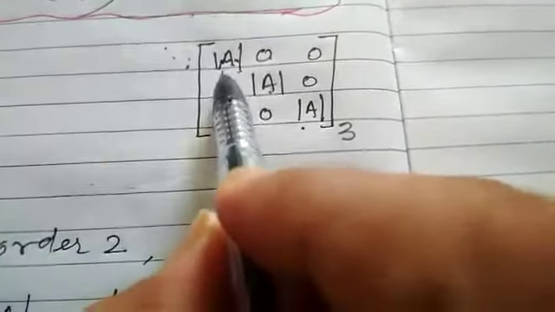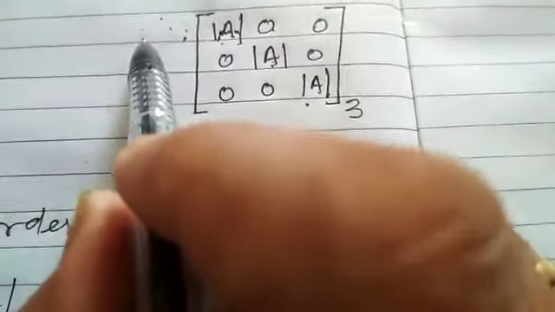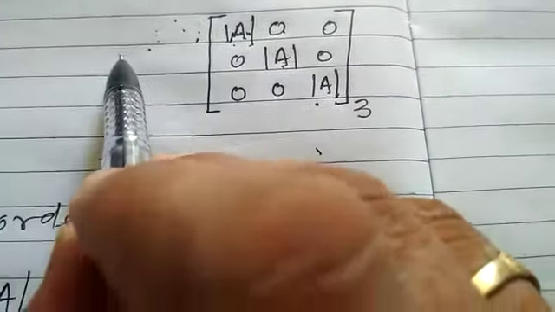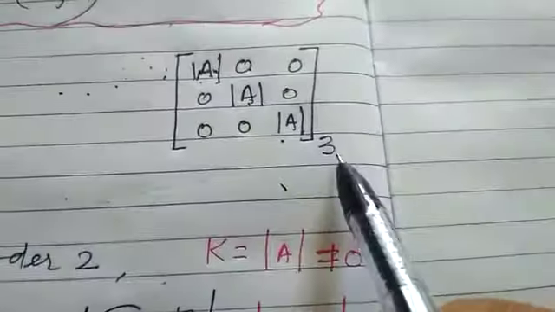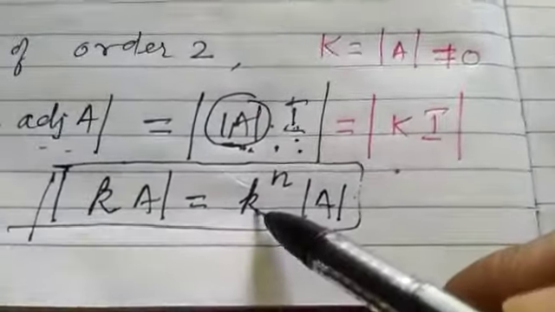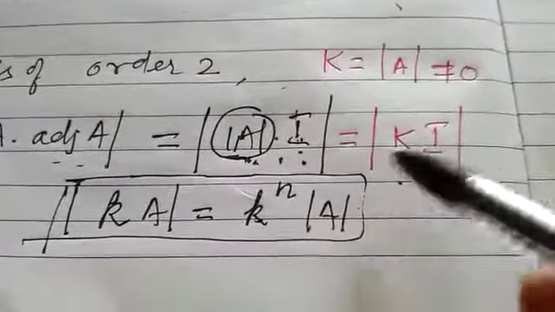So it will get multiplied outside three times, determinant A into determinant A into determinant A. So if it is of order 3, then determinant A will be raised to power 3, into the determinant of the identity matrix.